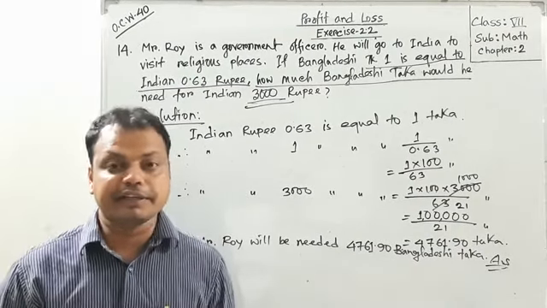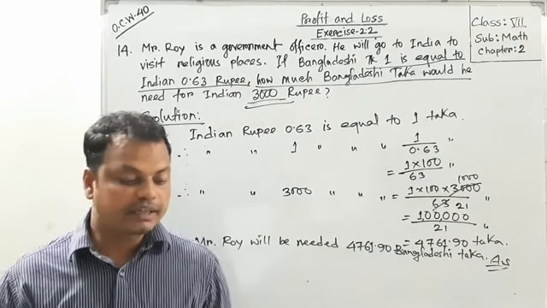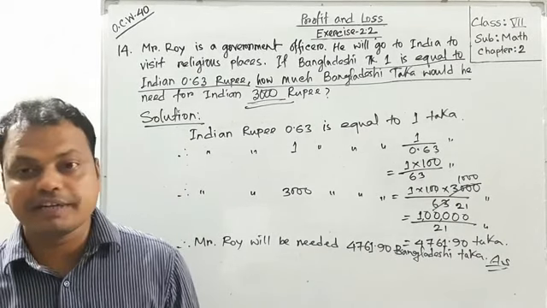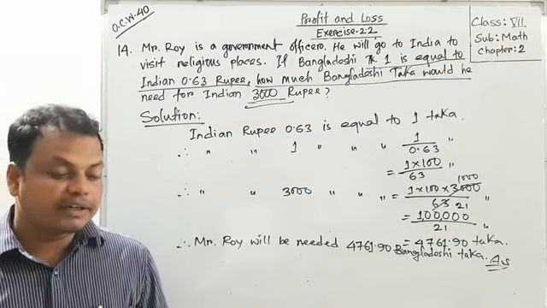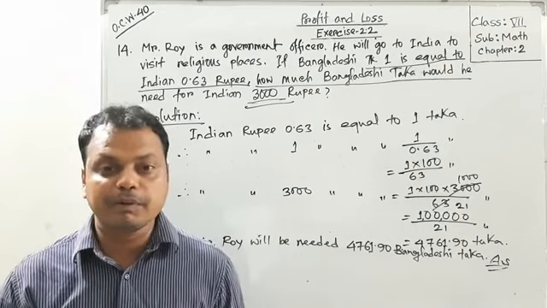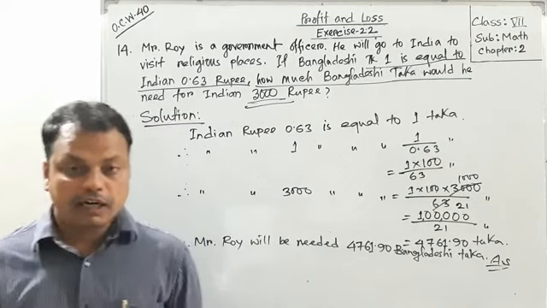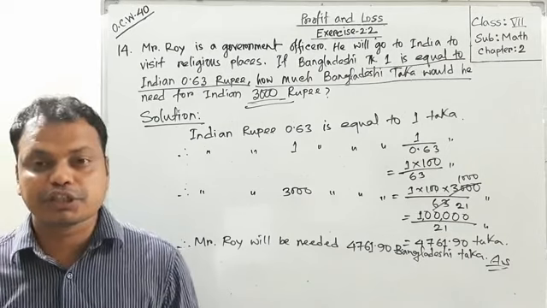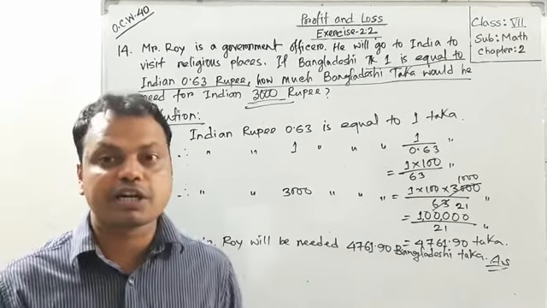And for taka 500 it will be increased. So 4 into 500 divided by 100. 500 divided by 100 is 5, and 5 and 4 multiplied will be taka 20. So the cost price of 2 kg sandesh was taka 500, and the VAT we have got is taka 20.